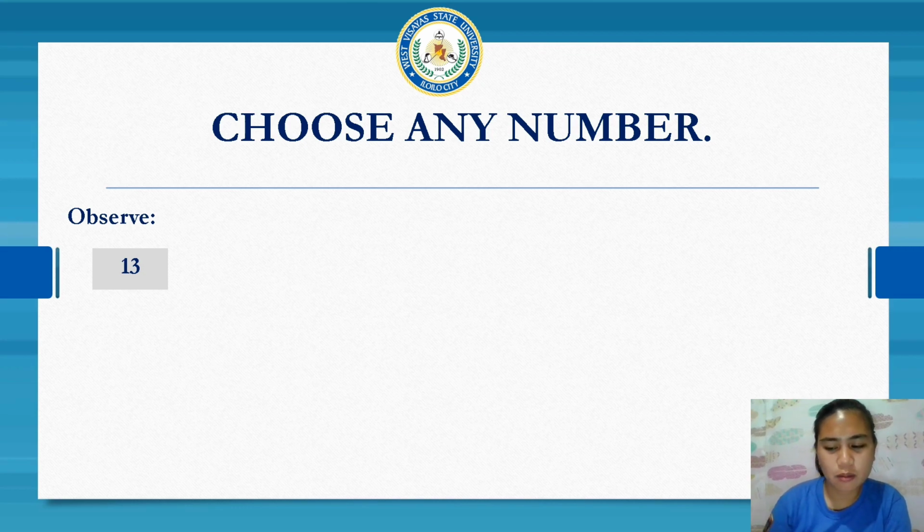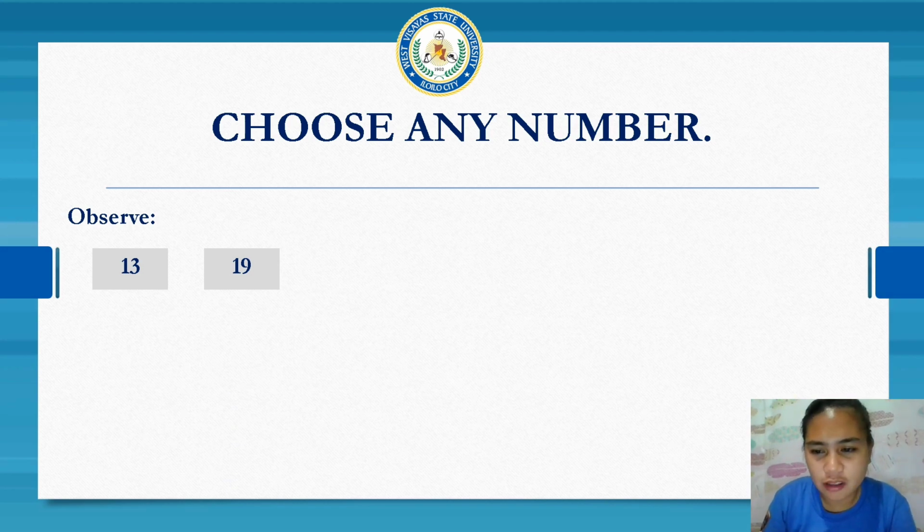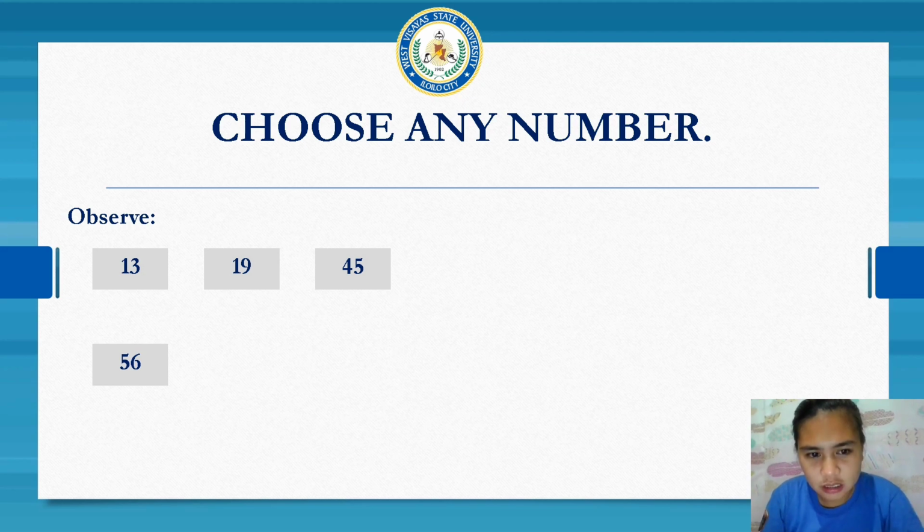If you chose this number, be it known that there is another greater number, let's say 19. And for the number 19, we have another greater number, let's say 45. And for 45, we have another greater number, 56. And so on.